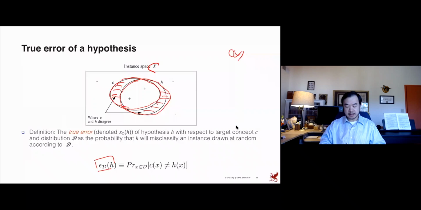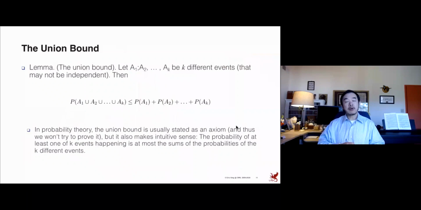Now let's look into how we can put some more explicit quantities and analysis on this error. We're going to use a few very famous probability properties or theorems to prove certain properties.